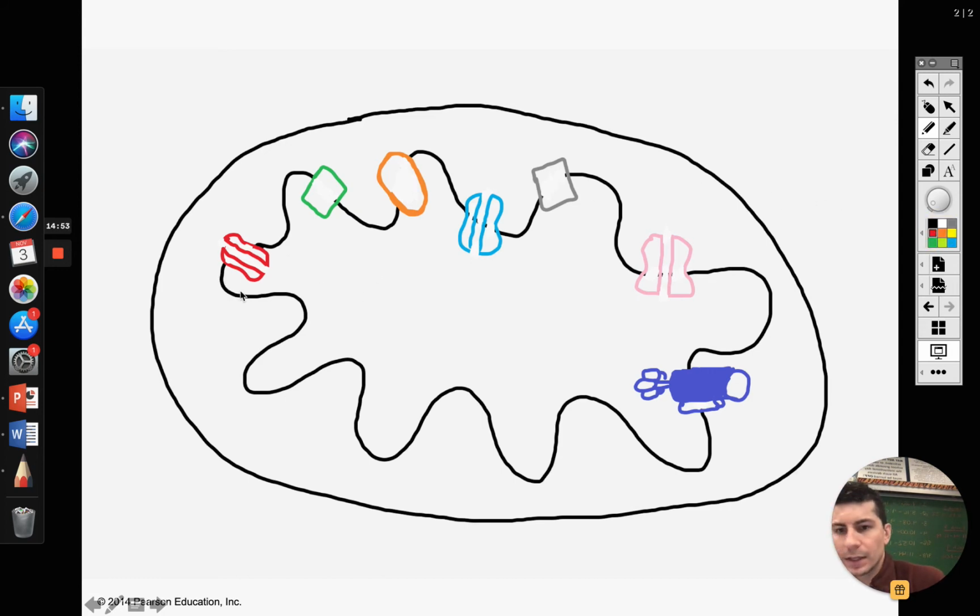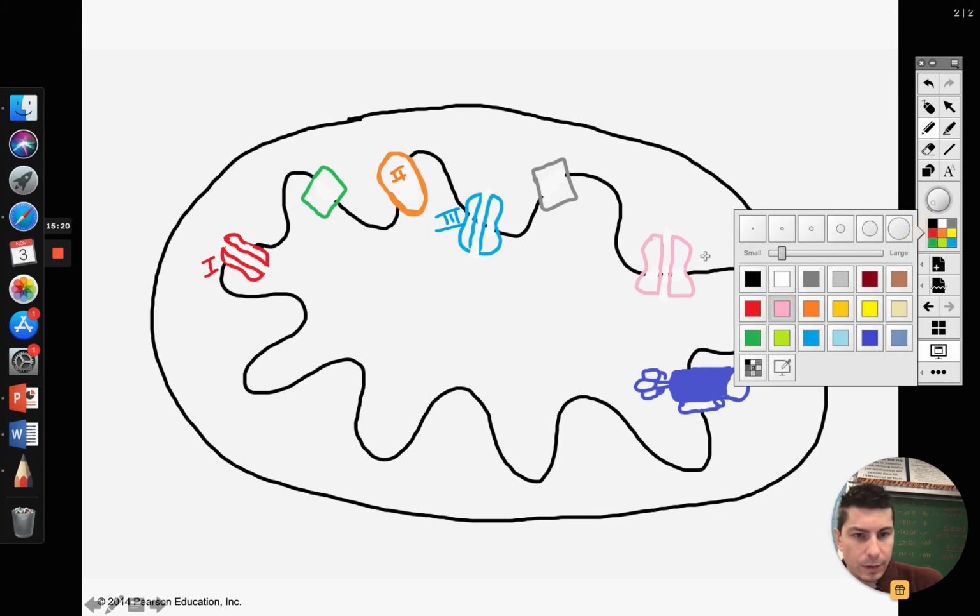This is going to be protein number 1 in red. The orange one is going to be protein number 2. All right. Next one, this guy here, the light blue one, protein number 3. Pink one is going to be protein number 4.